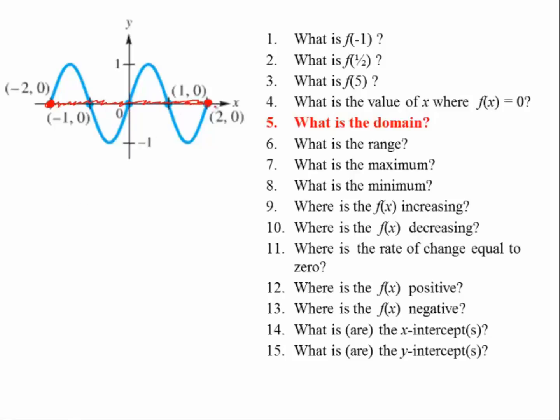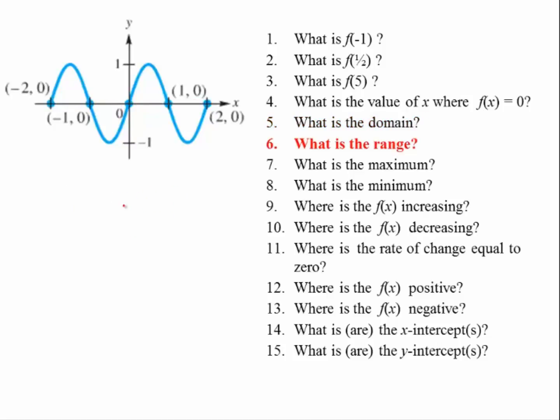Because these are closed circles, they can equal. So we put our smallest x here, our largest, and x can be any value in between, and it can equal negative 2 and it can equal positive 2. So that is the domain.